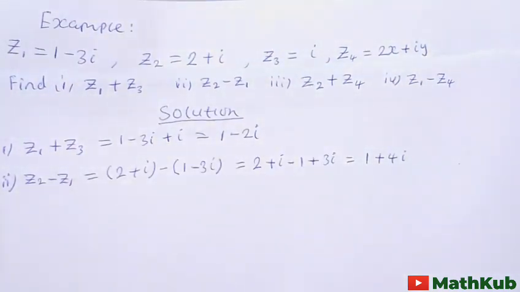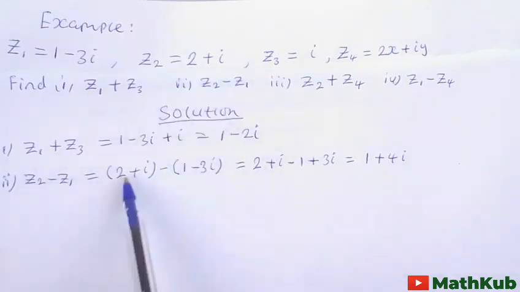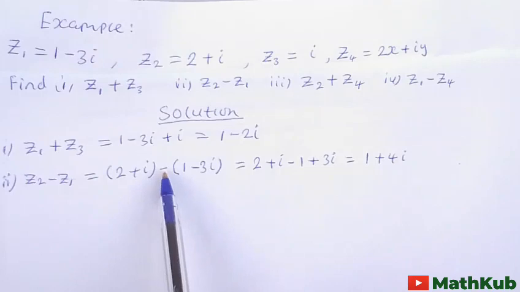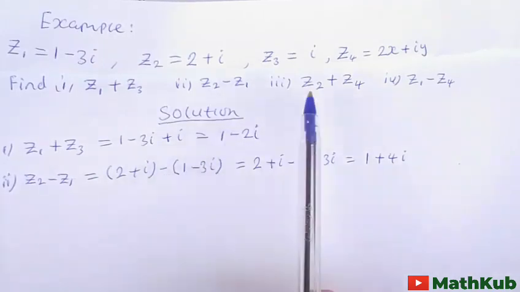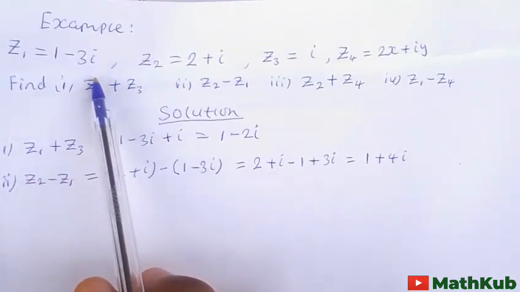z2 minus z1 is equal to, we take the value of z2, which is 2 plus i, minus, in bracket, z1, which is 1 minus 3i.